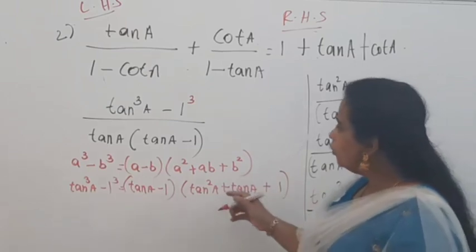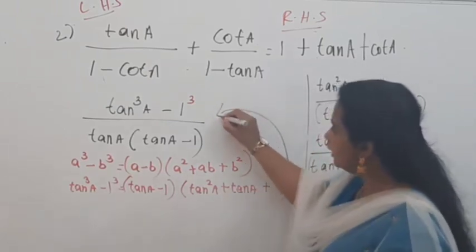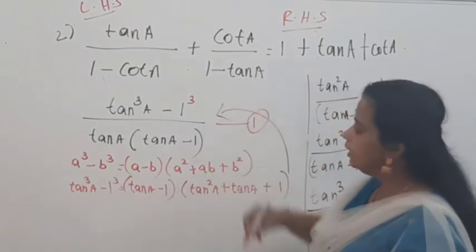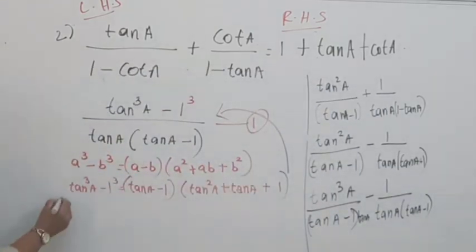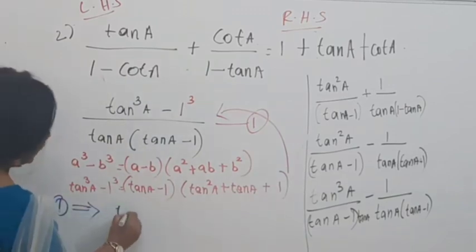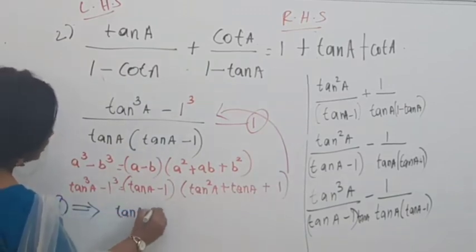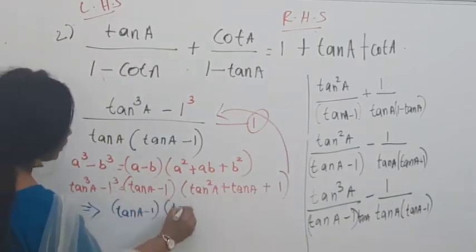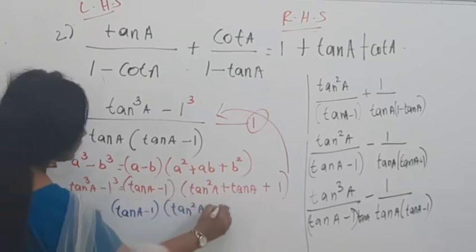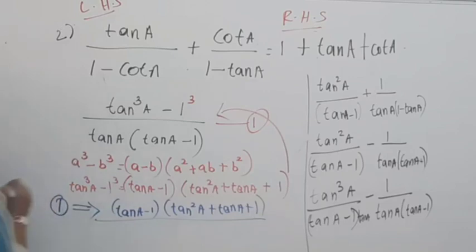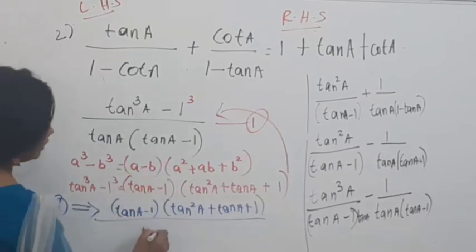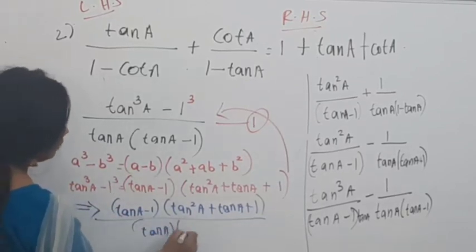So now I'm going to substitute here in this. So let me call this the first equation. So my first equation implies the numerator becomes tan a minus 1 into tan square a plus tan a plus 1, divided by tan a into tan a minus 1.